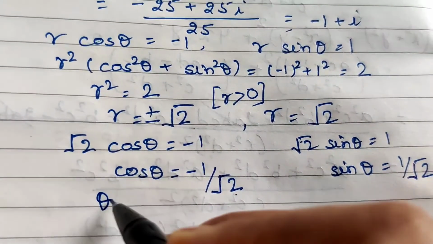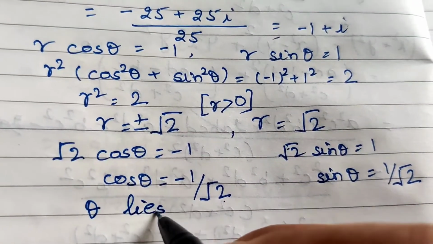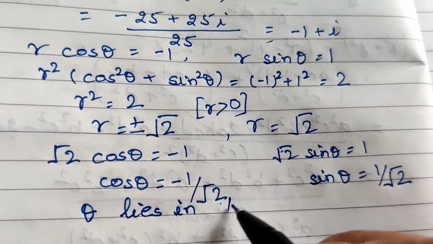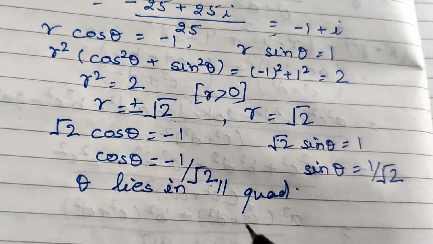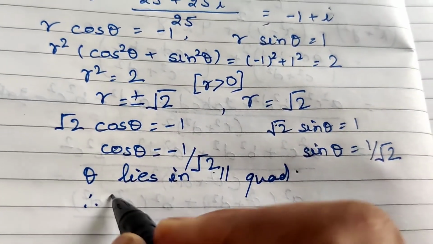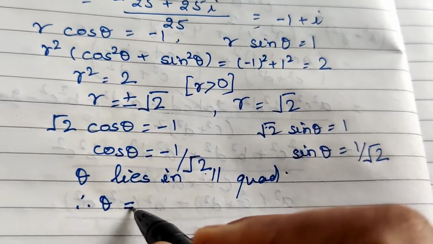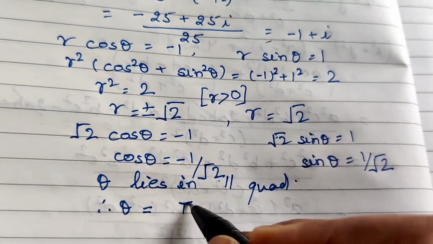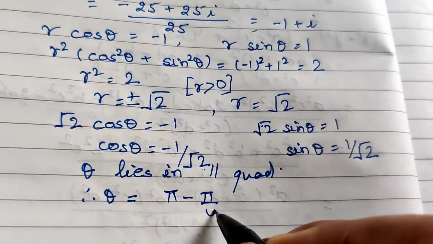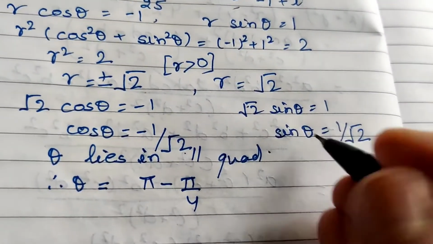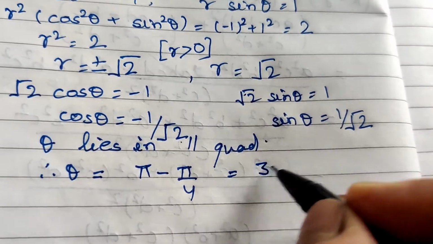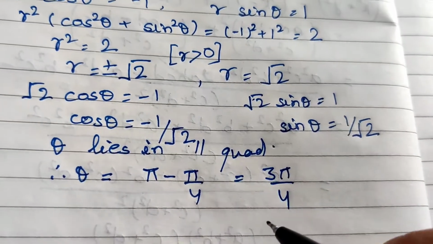Therefore theta equal to pi minus pi by 4, which is equal to 3 pi by 4.